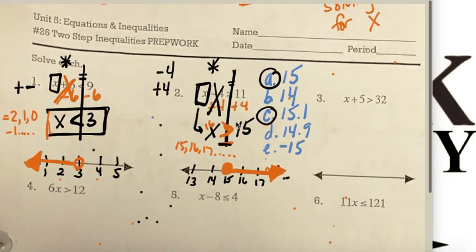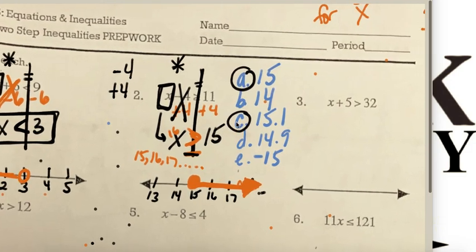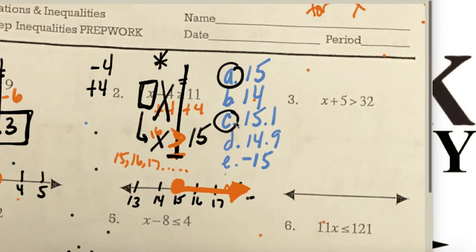Could you pick 14.9? No, because 14.9 is in front of the 15, so no. Would you pick -15? Well, -15 would be way back here somewhere, so you would not pick that. So it would just be A and C. So I kind of talked to students to prepare them that they need to know all the different numbers that x could possibly be.